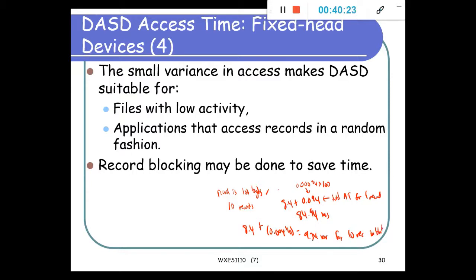The earlier figure is the total access time for one record, not one block, and this is the total for 10 records of 100 bytes in one block. So just try to differentiate that.